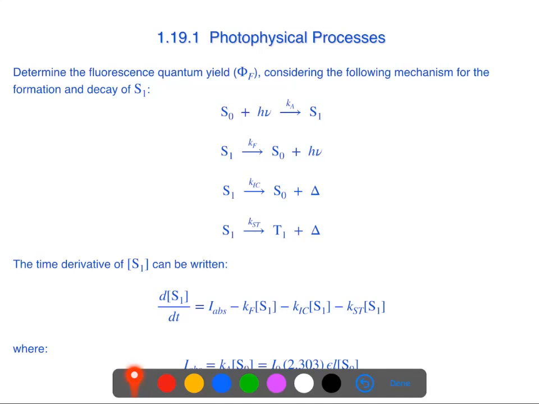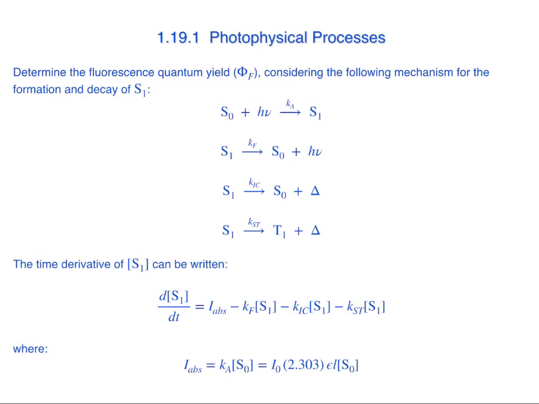And as we saw in a previous video, I_abs can be written in this way, where I_abs is equal to the rate constant Ka dependent upon the concentration of the ground state. And we can equate the Ka term to the incident intensity, 2.303, the molar absorptivity, and the path length of the sample.